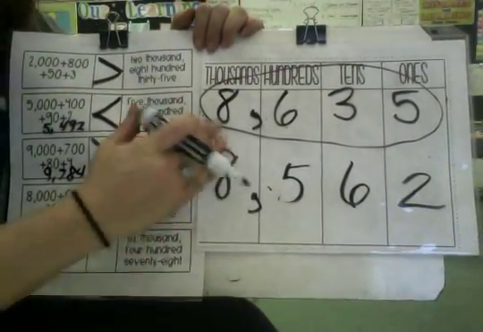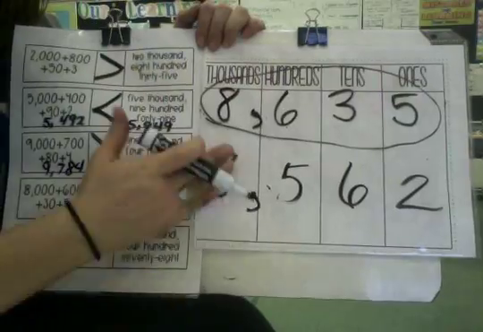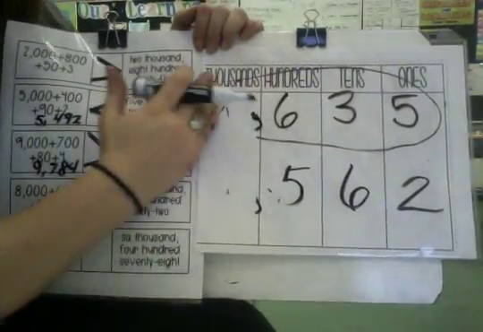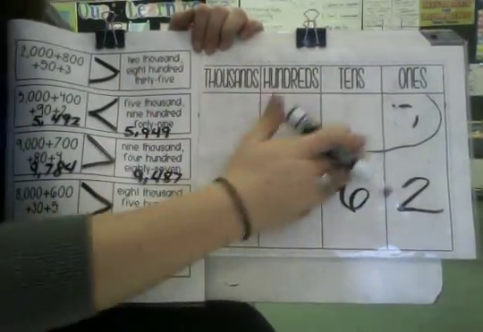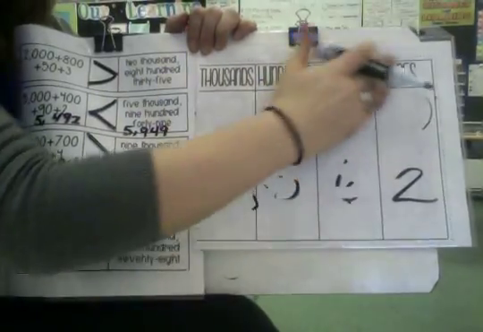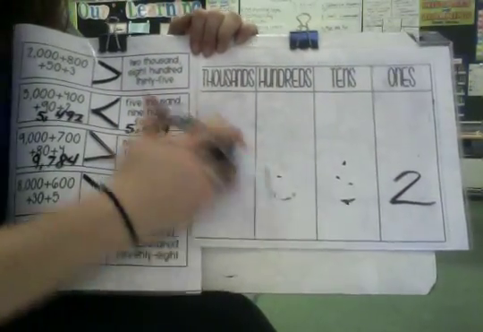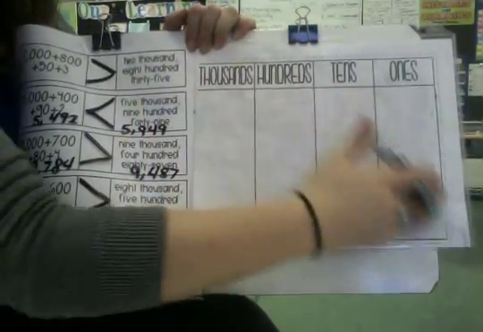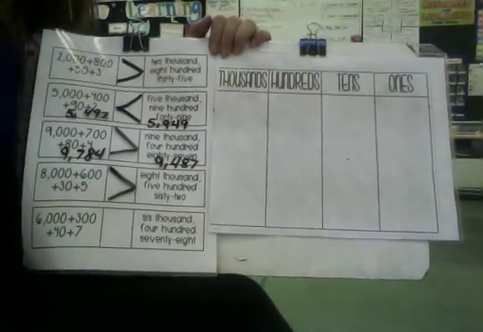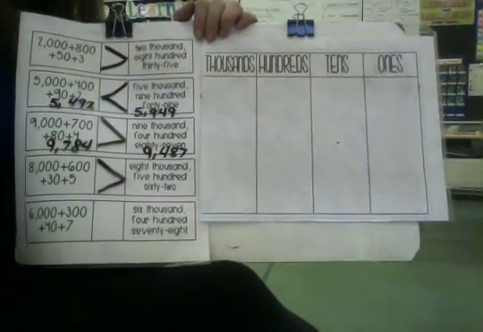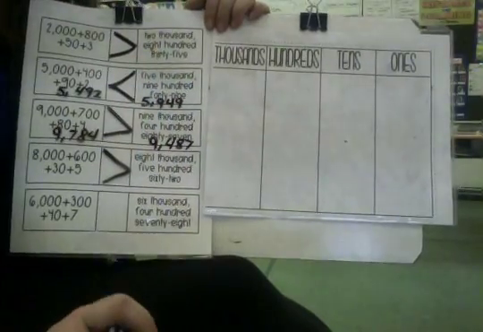What I would like you to do is solve the last one on your own. I would like you to please use your place value chart to write out the numbers and to help you compare them together. When you are finished, please come back to the video to check your work.